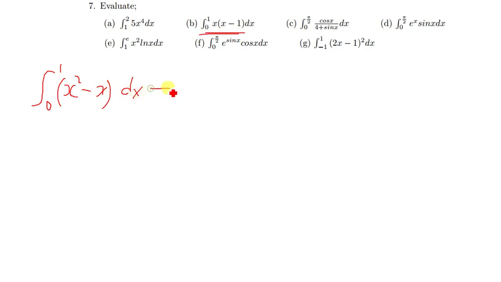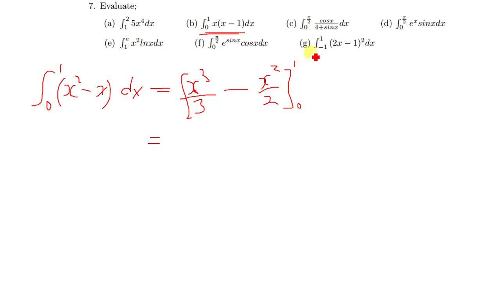So you can integrate this, and after integrating, you get x to the power 3 over 3 minus x squared over 2. And then don't forget to put your limits, being from 0 to 1.